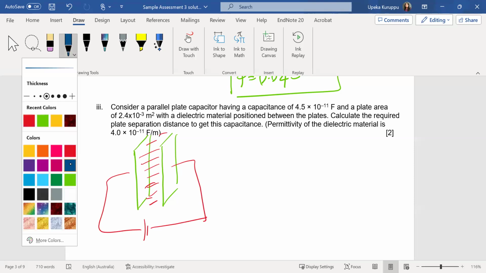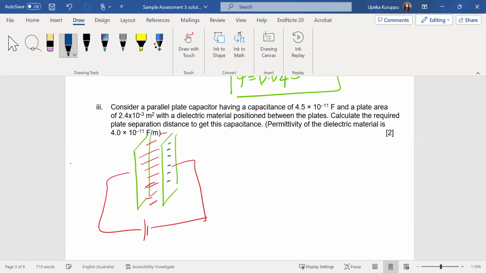Electrons will flow from one end to the other end, and this plate will become positively charged and the other plate will become negatively charged, isn't it? When it is saturated, no more electrons will flow.